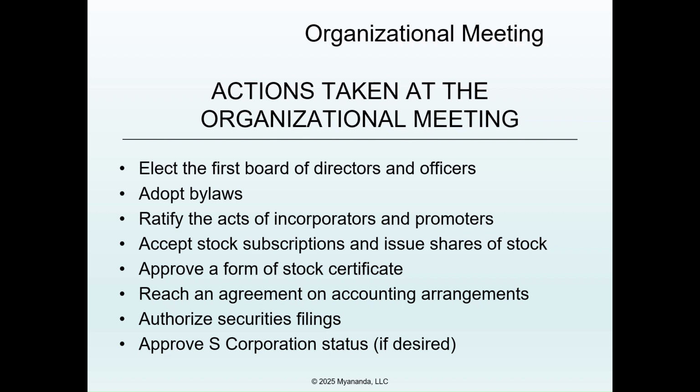The form of the stock certificates, whether any securities filings are approved, and they adopt the corporate seal and establish a bank account. If they want to elect S Corp status, they would do that at the organizational meeting. And if there are any employee benefit plans being adopted, those would be approved at the organizational meeting.